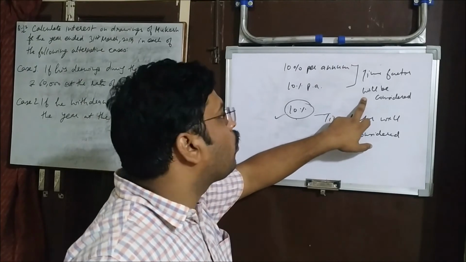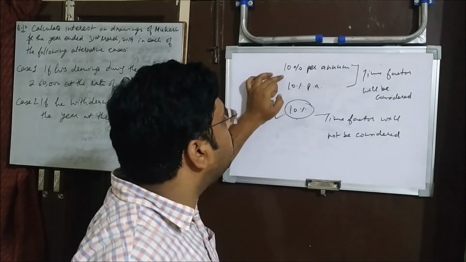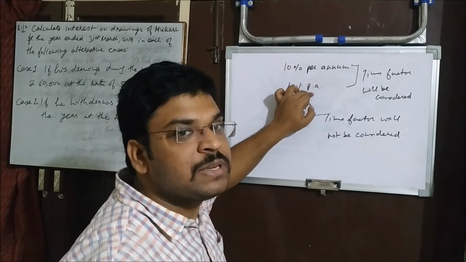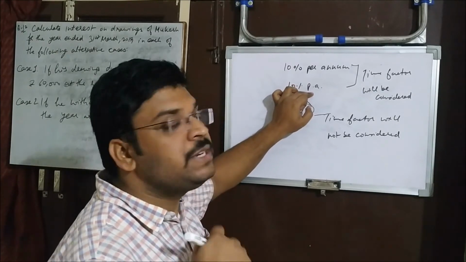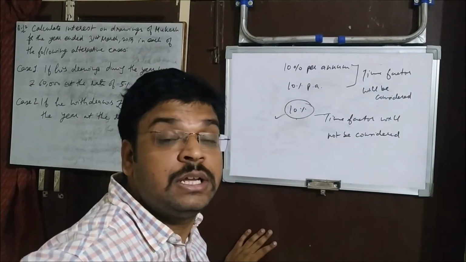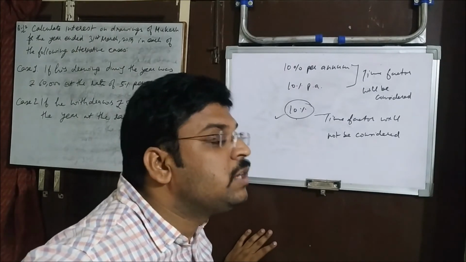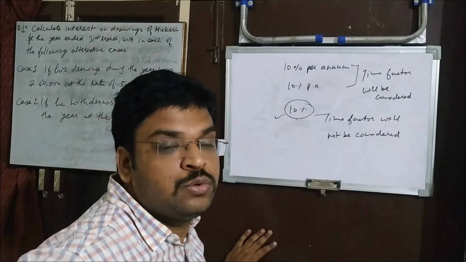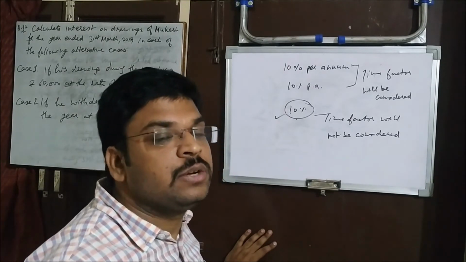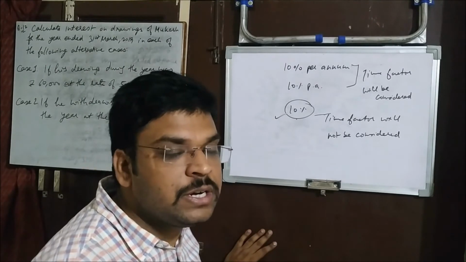But what if the question says the rate of interest is 10% per annum, but it does not specify any time period? Because in many questions we have done, it was clearly mentioned that in the beginning of every month, in the beginning of each quarter, in the beginning of each half year. Say for example that the question does not have that kind of condition.